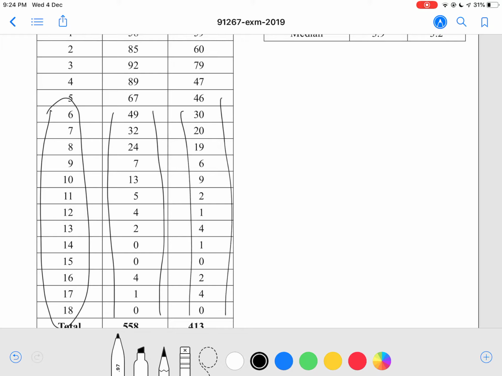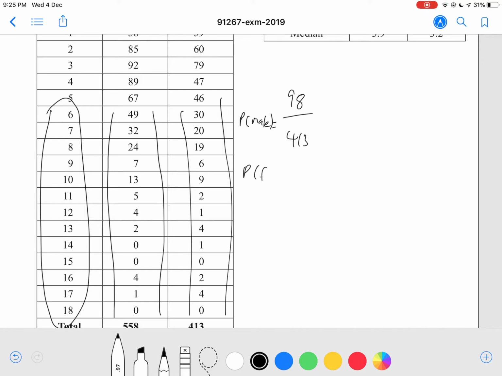So for males, the probability of a male having a bag of more than 5 kilograms would be, I'm not going to write it out, just add everything up in the column: 30 plus 20 plus 19 plus 6 plus 9 plus 2 plus 1 plus 4 plus 1 plus 2 plus 4. That is 98 over our total, which is 413. So that's our probability of male.